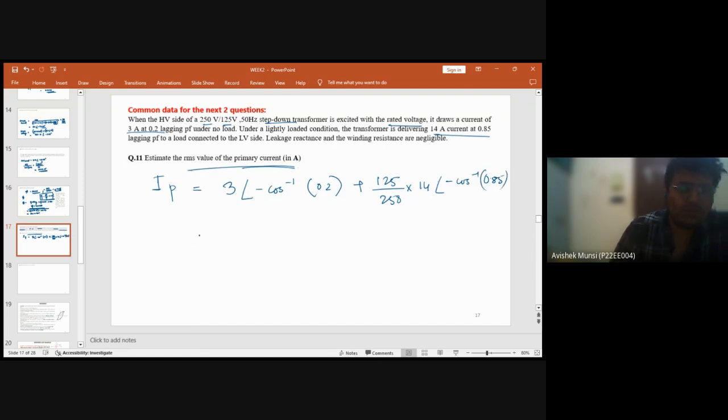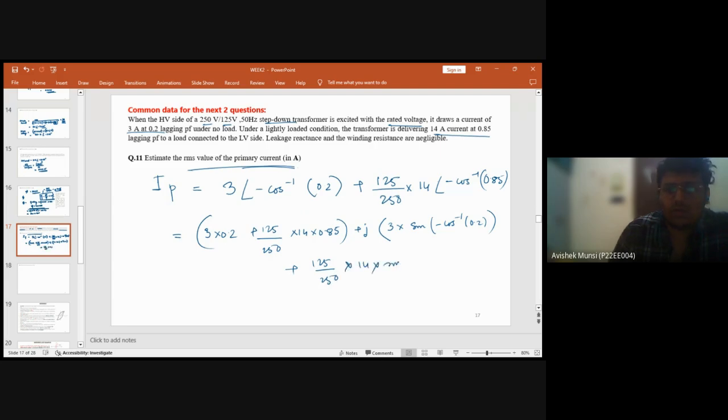Fine. So if you solve it, then it is 3 into 0.2 plus 125 by 250 into 14 into 0.85, plus j of 3 into sine of minus cos inverse of 0.2 plus 125 by 250 into 14 into sine of minus cos inverse of 0.85.